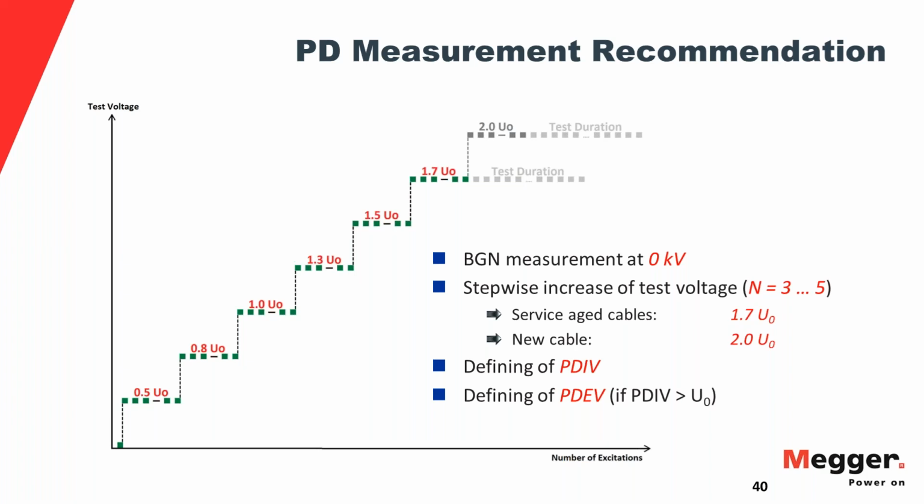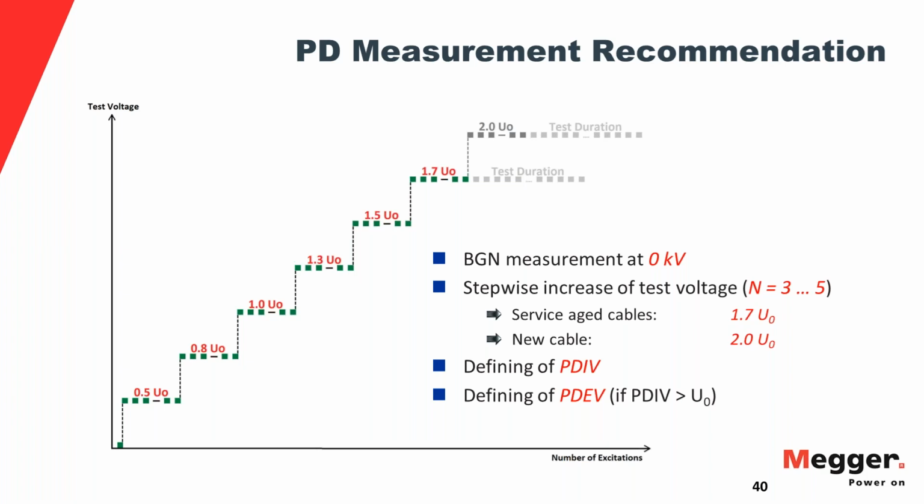That's also the case, remember, back at the VLF testing when we talked about practical test practice. When you have serviced age cables and you do not want to do 3U0 for the withstand test, you should never go less than 1.7, because that's your ground fault test value level.